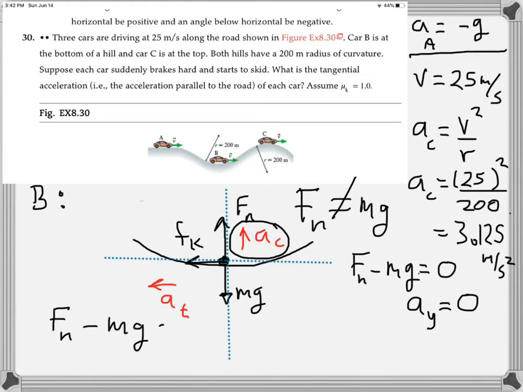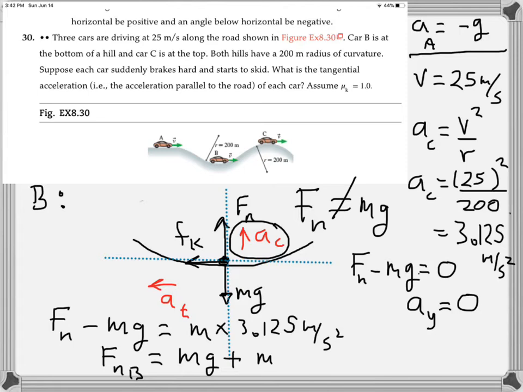So how much is the normal? Just use Newton's second law. What else is there to do? So Fn minus mg, Fn is positive, weight is down, negative, equals the mass of car B times the acceleration of car B. We just calculated the acceleration is 3.125. It is positive. We plug it in there. So what is the normal force for car B?